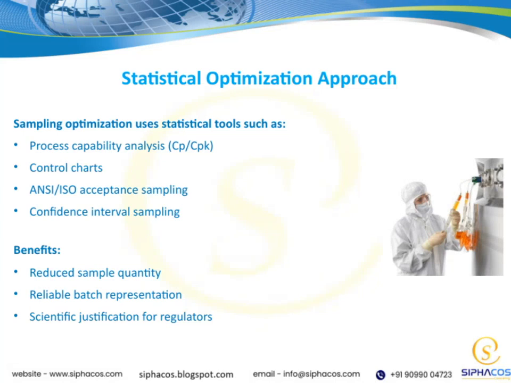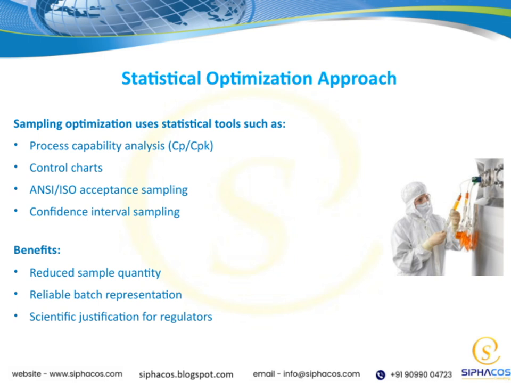Let's take a closer look at the statistical optimization approach. This method leverages various statistical tools to enhance sampling and quality control processes. For instance, process capability analysis, which includes CP and CPK, helps us understand how well a process meets specifications.